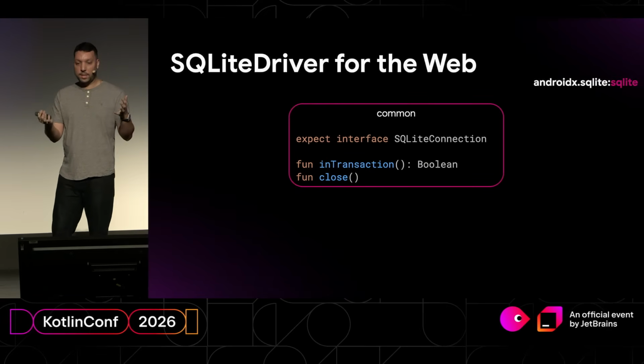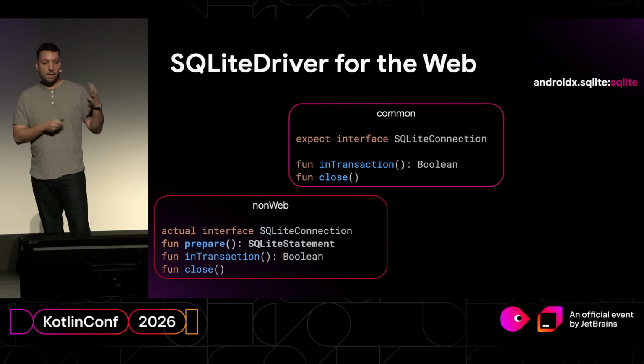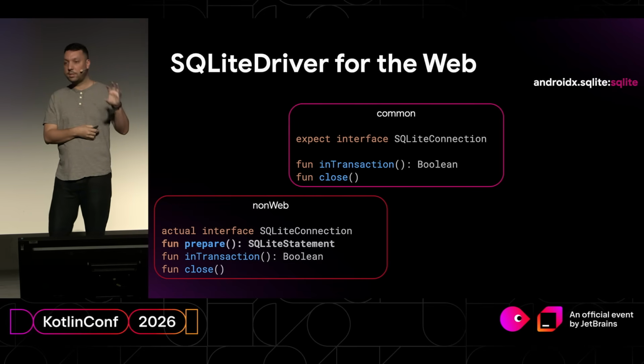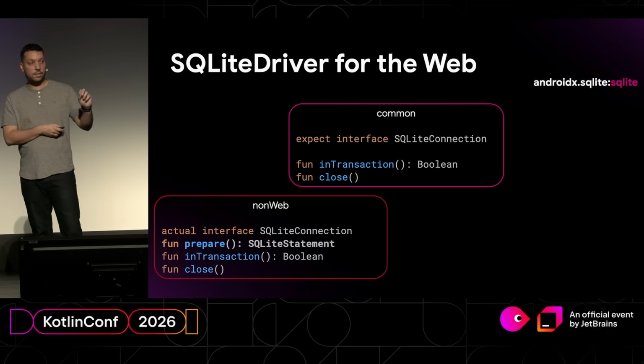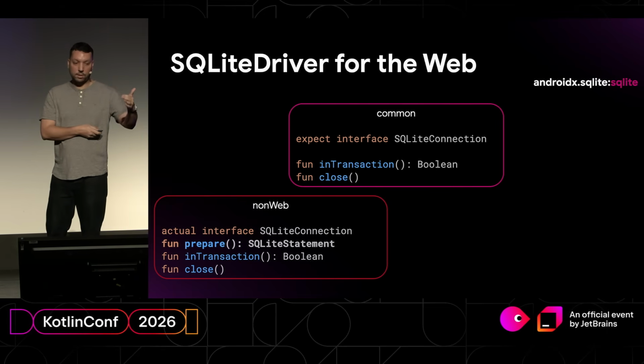And when we made these APIs, originally we made them thinking in KMP and the different platforms we were to support. So we actually have what is the common code. It's an expect interface. And then for non-web, we have those same common functionality, but then those key APIs, like prepare, are synchronous blocking functions, because the underlying SQLite C library will be blocking.